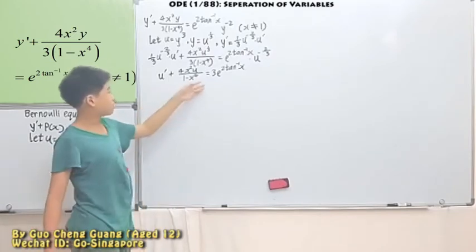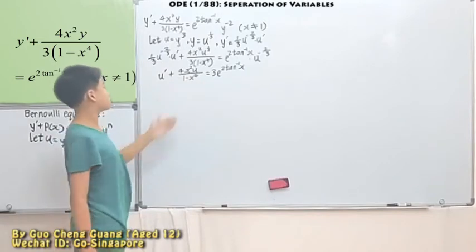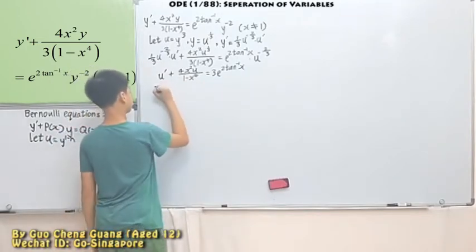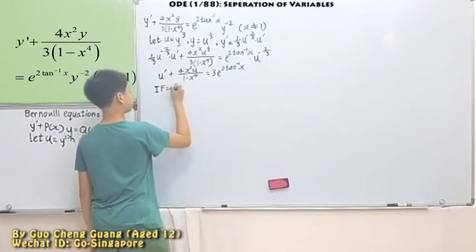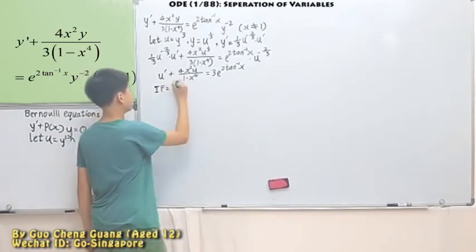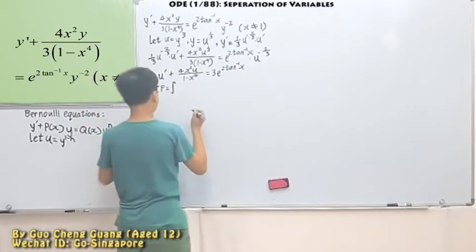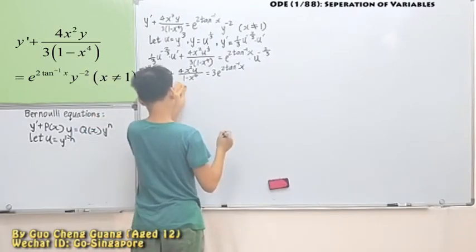Until this step, we're going to use the IF, integrating factor. So it is e to the power of something integration.